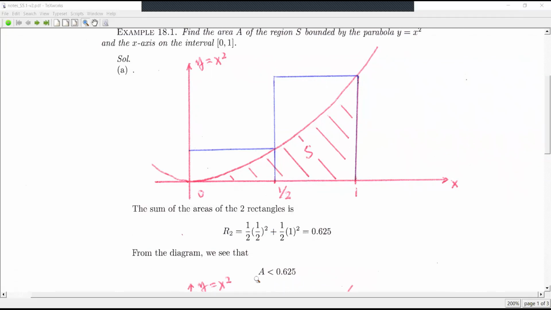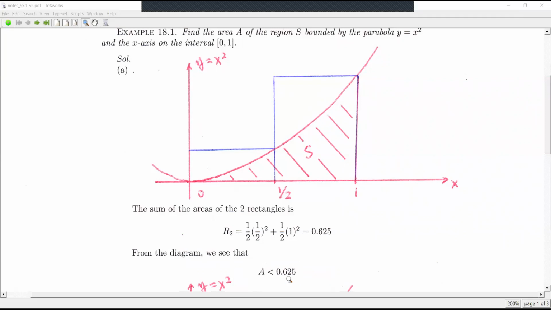A, we want to find A. A means the area of the region S. From this diagram, we can see that A is less than 0.625. At this point, we don't know what A is, but I can tell you that A is not greater than this number.